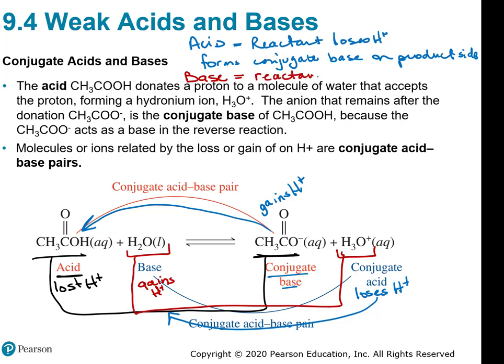The base is the reactant that gains the hydrogen ion and it forms the conjugate acid on the product side.